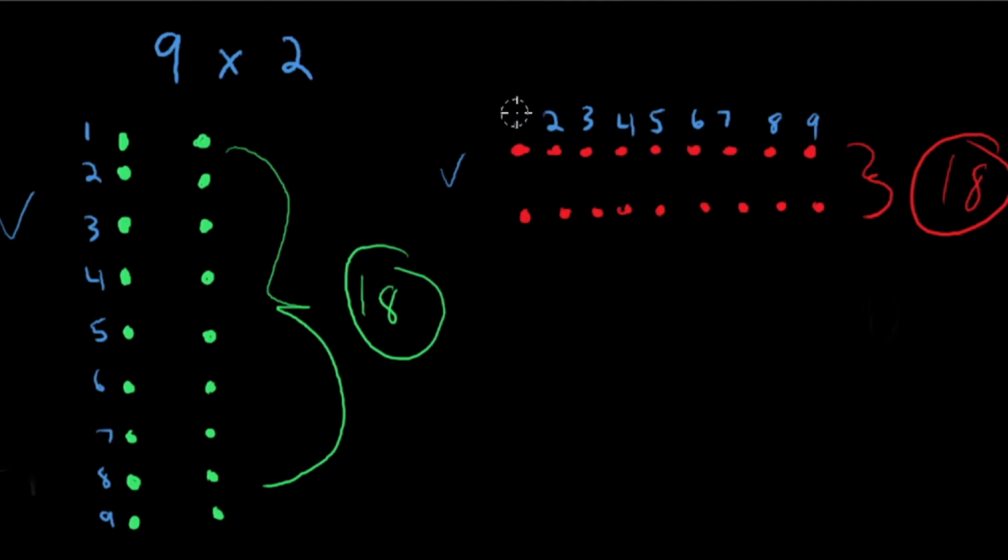I'm going to erase this one over here. You could have 2 groups, and within each of those groups there's 1, 2, 3, 4, 5, 6, 7, 8, 9. Either way is going to work, all right?